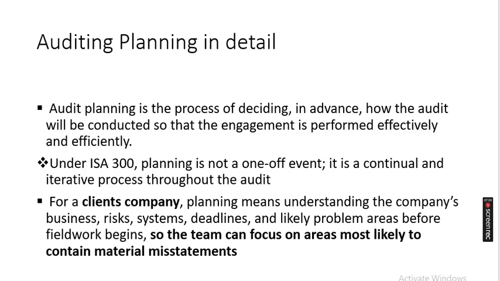You need to understand the deadlines, and you should understand the problem areas before you begin the field work. If you do this, it will ensure that your team or your audit staff can focus on areas most likely to contain material misstatements. So in general, when you look at these things, you'll be able to identify material misstatements.